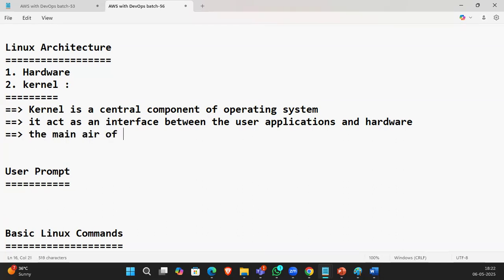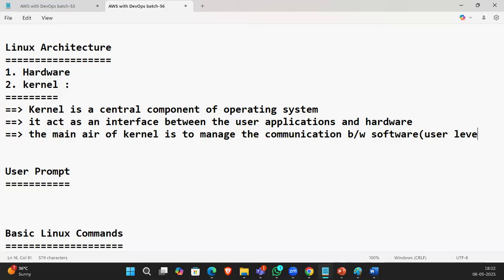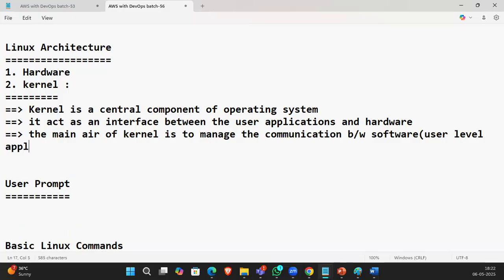The main aim of the kernel is to manage the communication. What is that? So manage the communication between software, software means user level applications, and hardware.